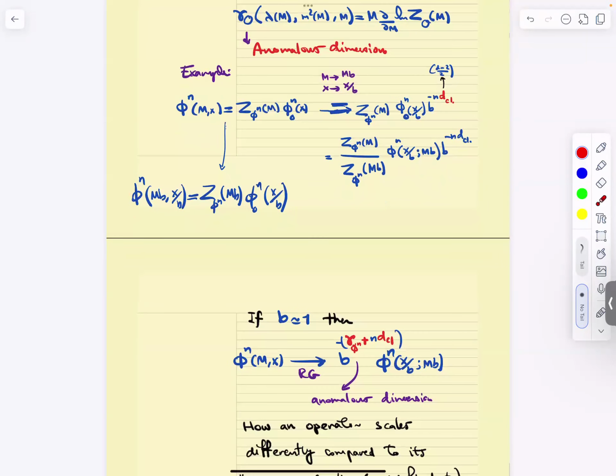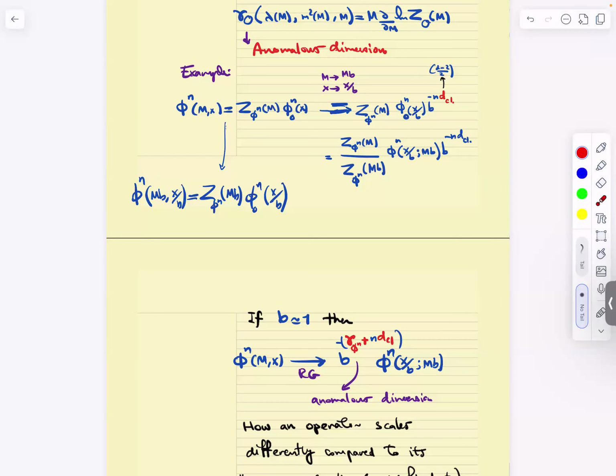So the anomalous dimension is present because z of phi n over m over z of phi n dm is not transforming trivially with what you expect, right?